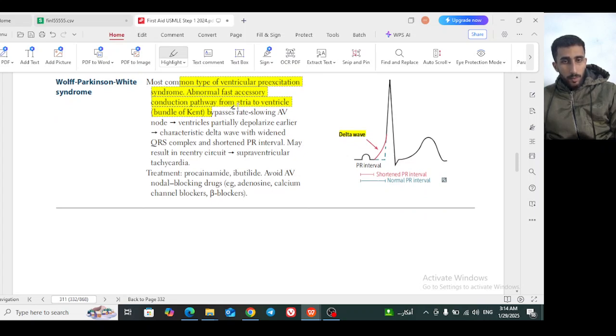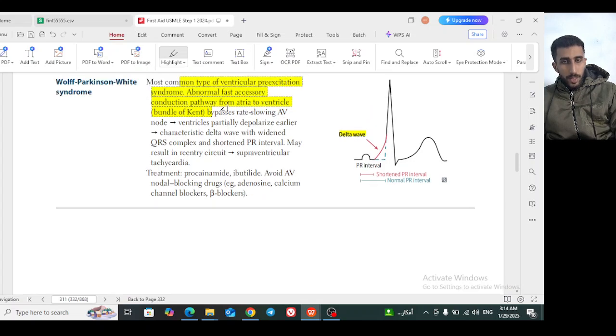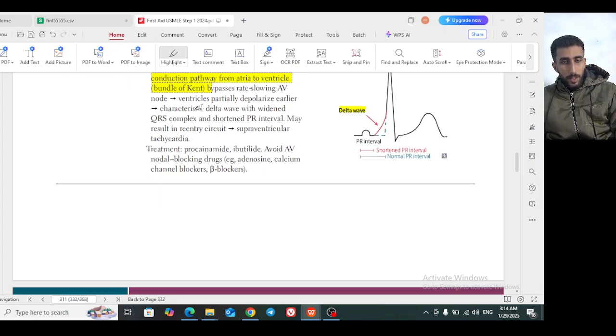The fast accessory pathway called the bundle of Kent bypasses the slow AV node. The AV node has a slow rate; it is slow with the discharge coming from the atria to the ventricles. This is its role. So when you have another fast accessory pathway, there is a very dangerous problem. The ventricle partially depolarizes earlier. So this gives you the characteristic delta waves, the earlier depolarization wave.